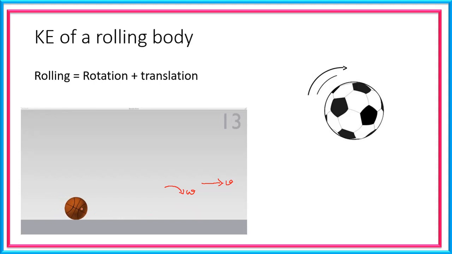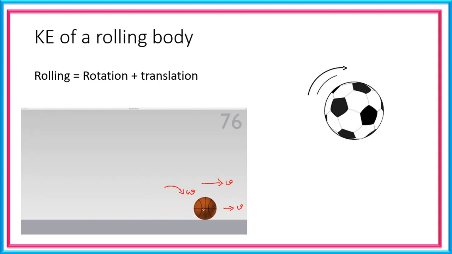You can see the center of mass of this body traces a straight line in this direction and it moves with a velocity v.